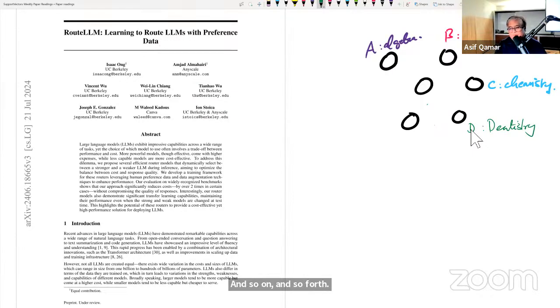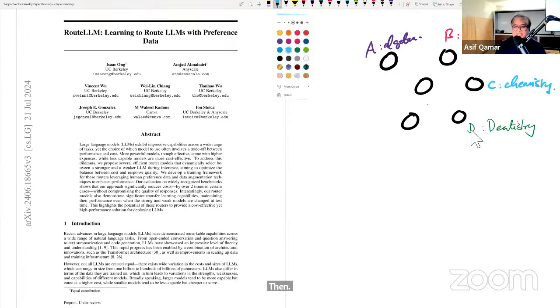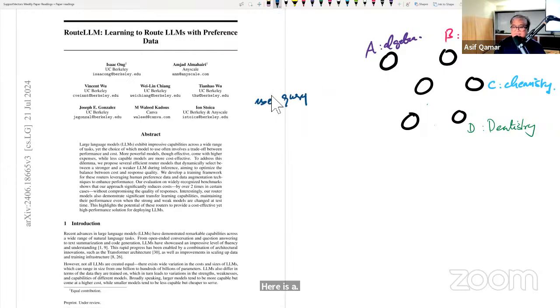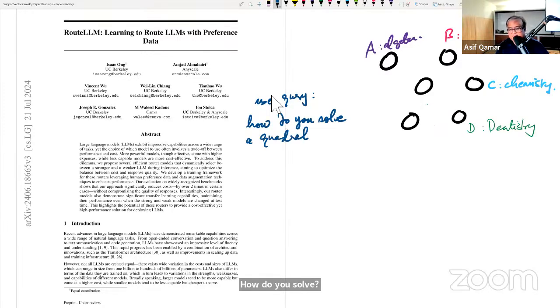Then suppose a query comes, a user query comes. Suppose the query is, how do you solve a quadratic equation? So user A has this query, and there is another query.